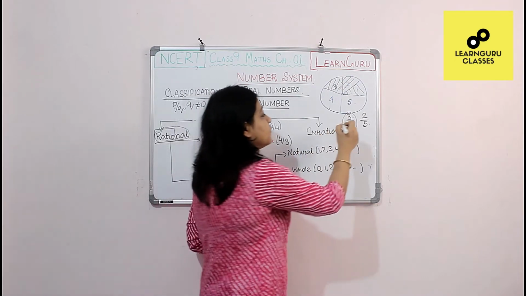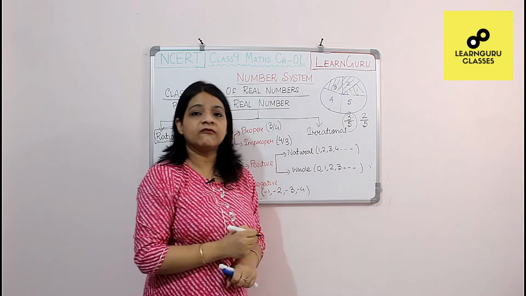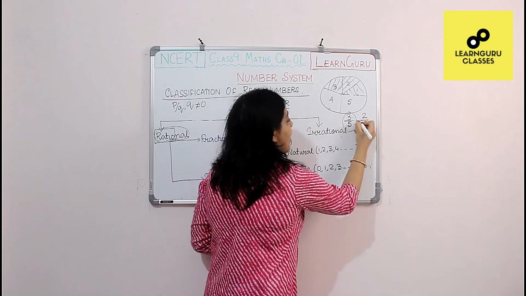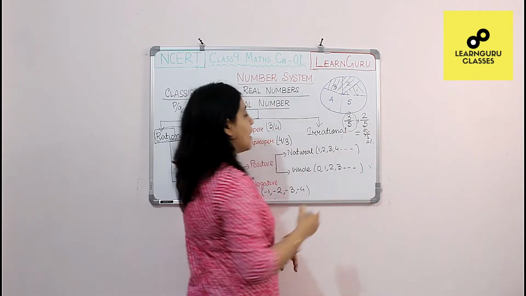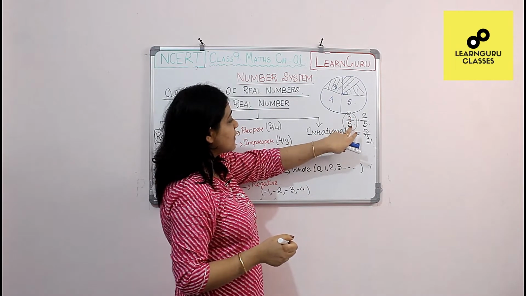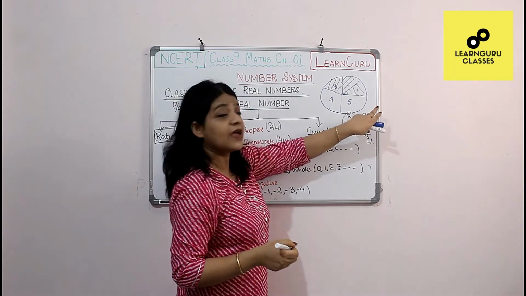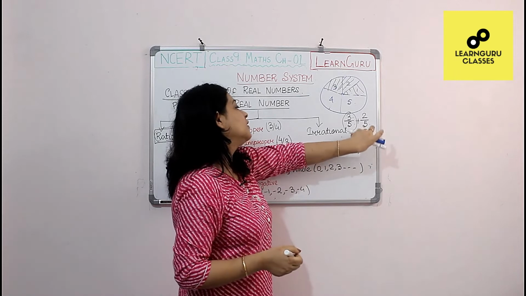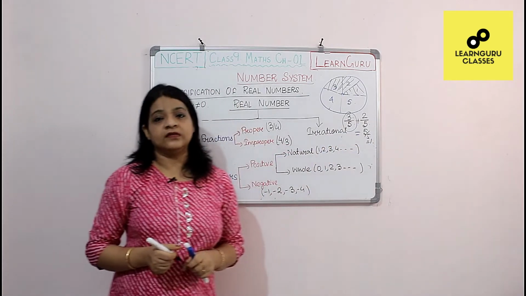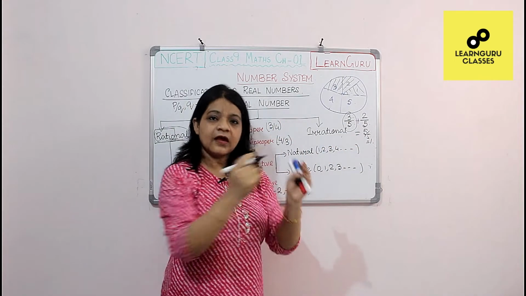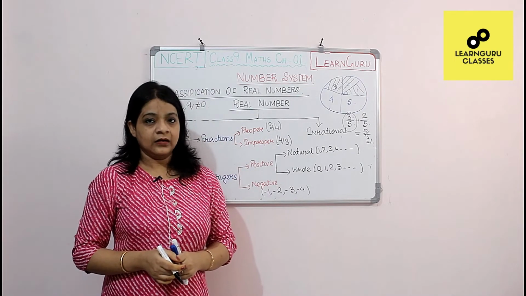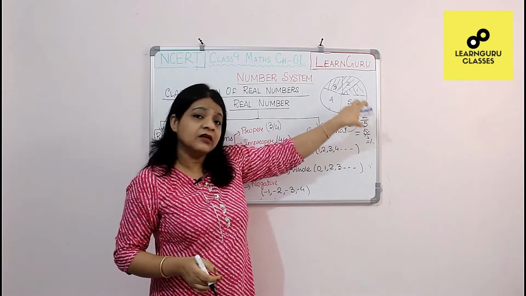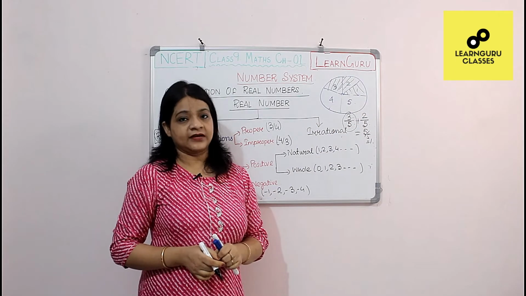So 3 by 5, and 2 by 5 I am keeping for myself. If you add these, 5 by 5 is equal to 1. So 3 segments out of 5 plus 2 segments out of 5 will give you 1 complete pizza. If you join these 3 segments and 2 segments, it will give you the entire pizza. So this is the significance, or beauty, of a fraction.